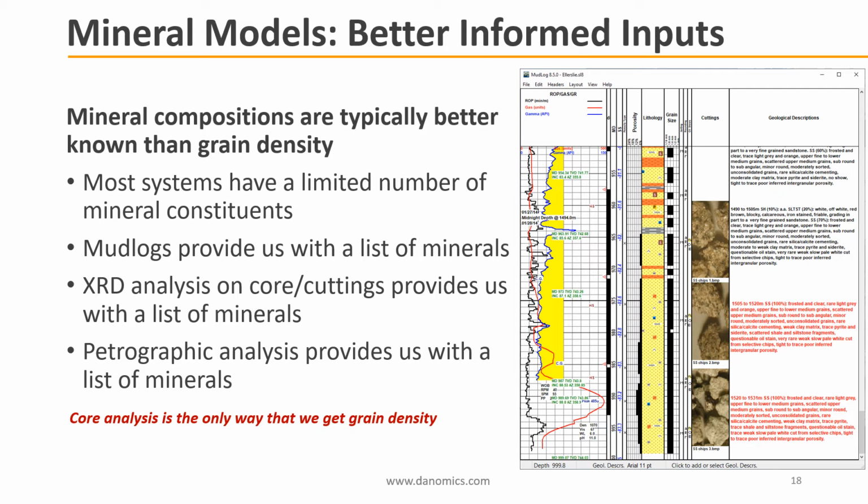So that is, I think, quite important, because now we are setting something that the geoscientists should have a very good understanding of. They should have a very good understanding of the potential mineral compositions of our rock, and that is something that should be much easier to establish than the grain density.